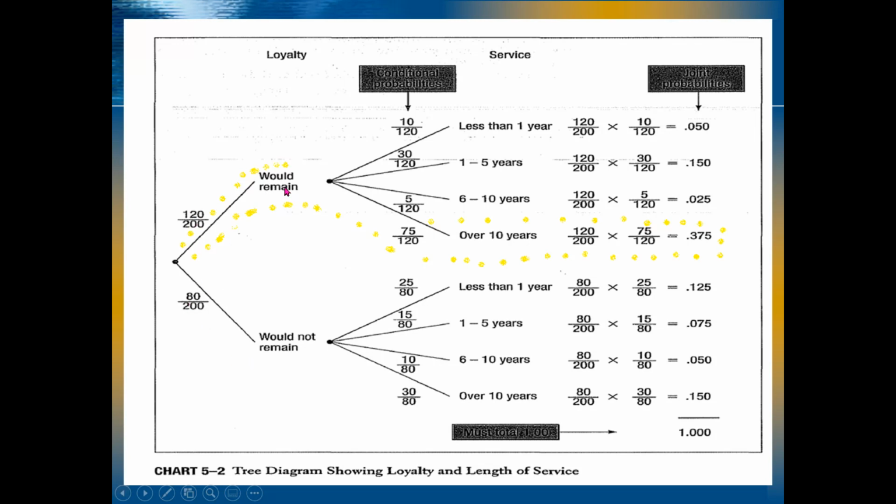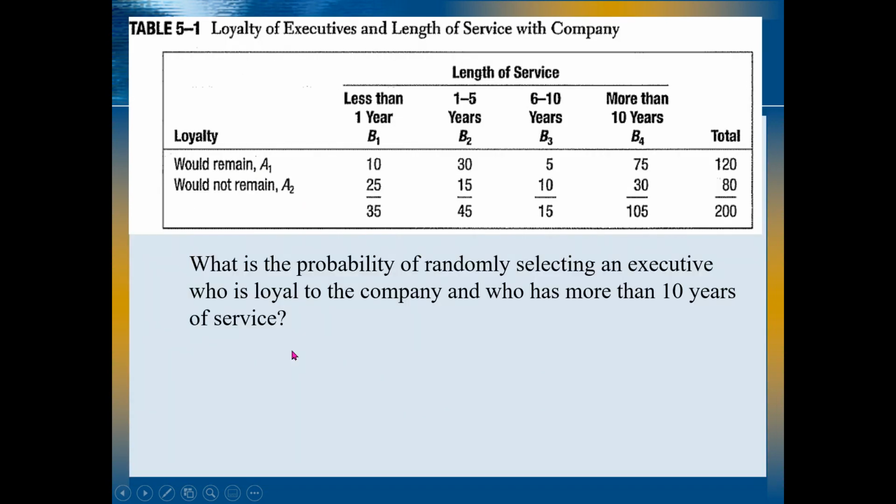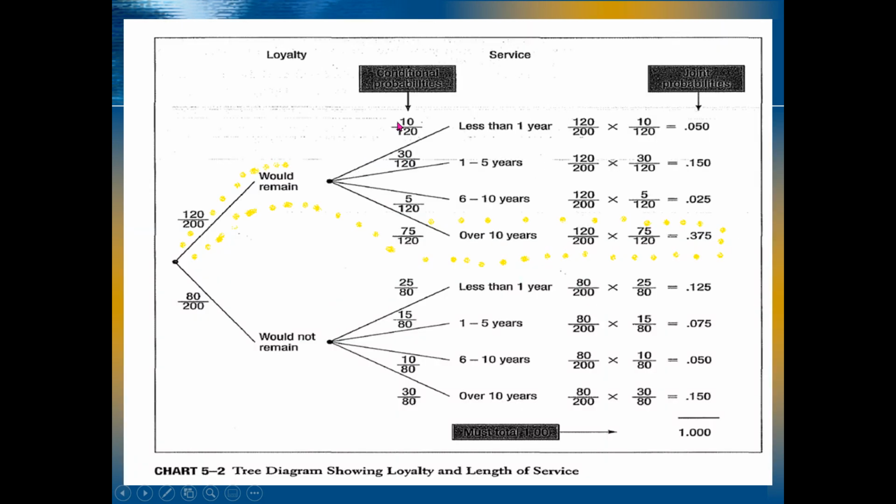Now for a person who would remain loyal or would not remain loyal, there are four different classifications of experience: less than 1 year, 1 to 5 years, 6 to 10 years, and so on. For example, if I were to see how many of those who would remain loyal are expected to have less than 1 year of experience, I'll say 10 divided by 120.